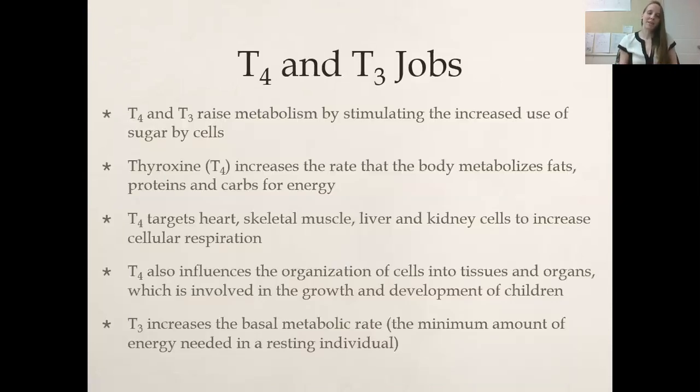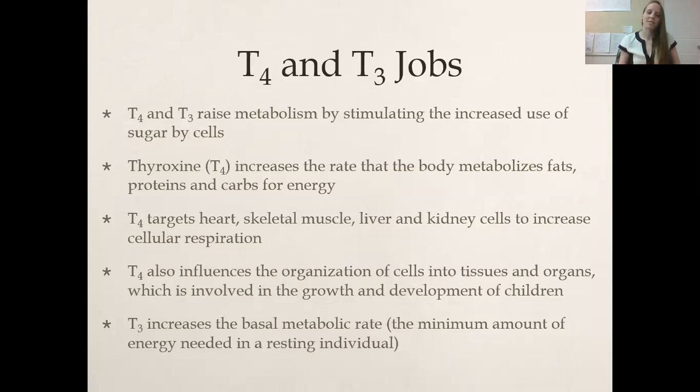Like I said, both T3 and T4 have to do with metabolism, so they increase the rate at which your cells burn through sugar. T4 specifically increases the rate of fat, carb, and protein metabolism in order to use that for energy.